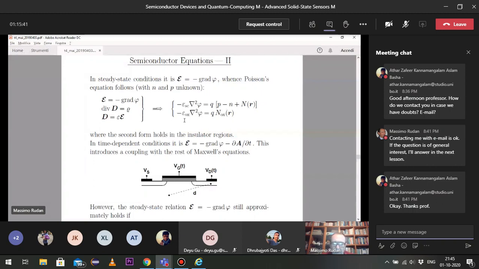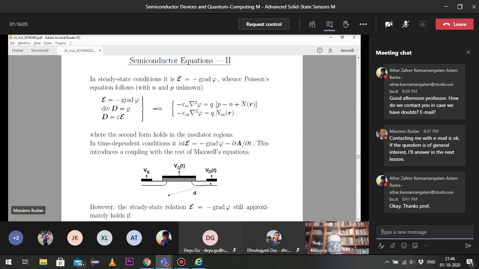When we then go to the more general case, that is non-equilibrium dynamic condition, then we must express in principle the electric field as minus the gradient of phi minus the time derivative of the vector potential.